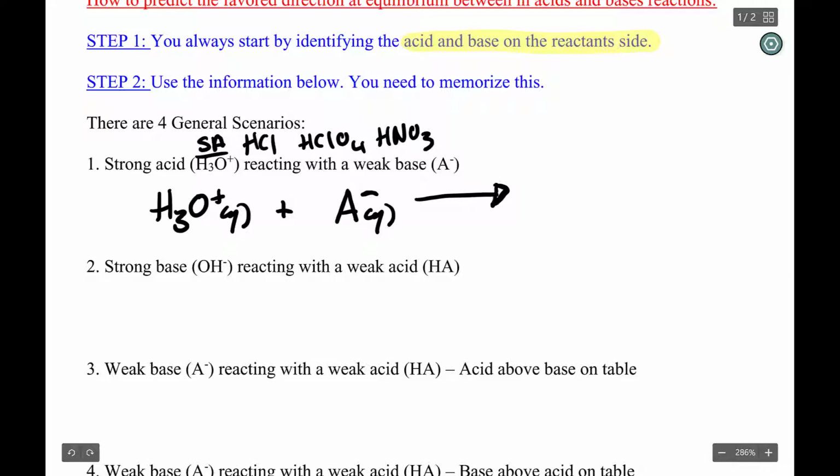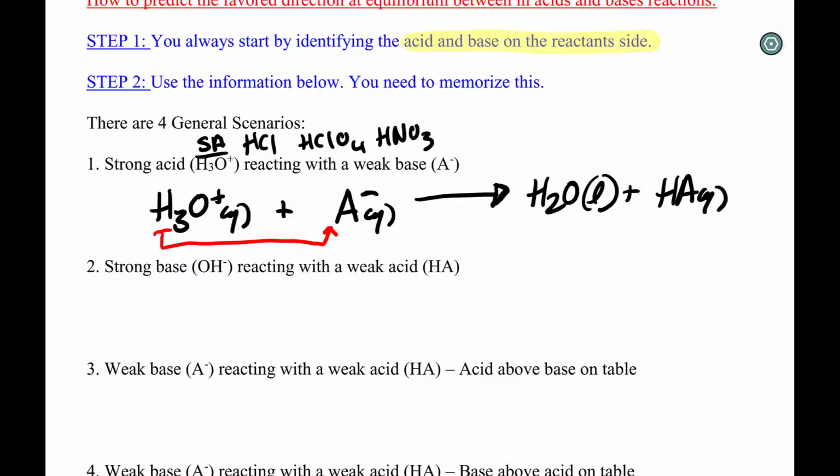Now, I'm not going to draw an equilibrium arrow in here because the majority of the time this is a quantitative reaction, where essentially 99.9% of the reactants become products. Now remember, this hydronium would donate an H to the A-, and so it would become H2O liquid, which would be its conjugate base, and A- would become HA, which is its conjugate acid.